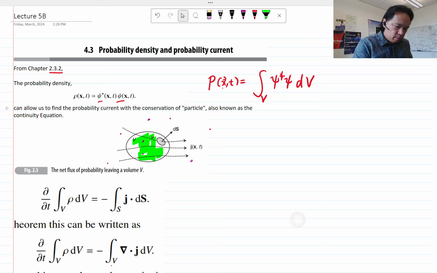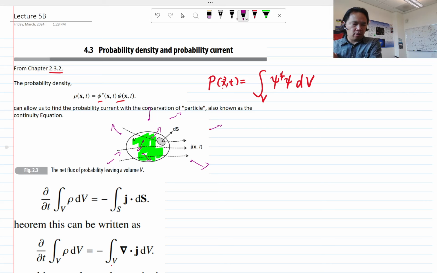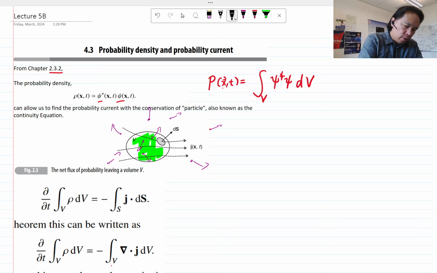But each of these little particles can have its own little trajectory, flying everywhere in some random direction. So it is possible for these particles to flow out of your volume. The way we quantify that is this probability current, J, which is what this is trying to symbolize.